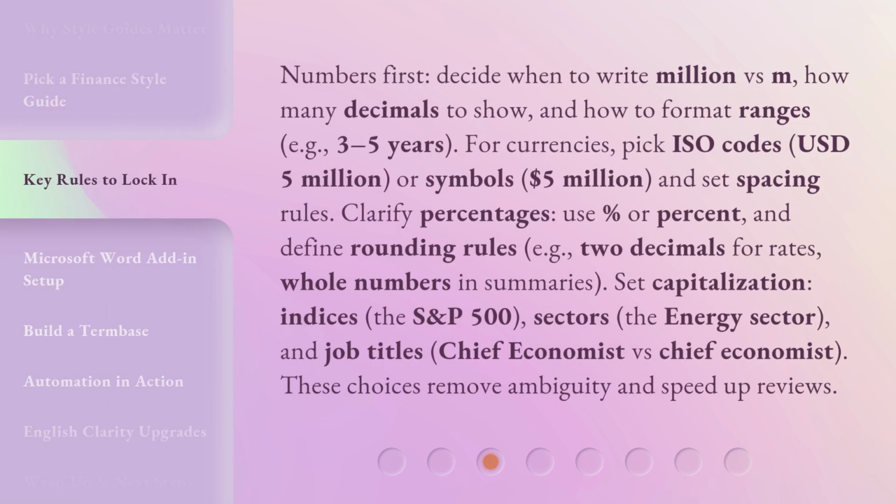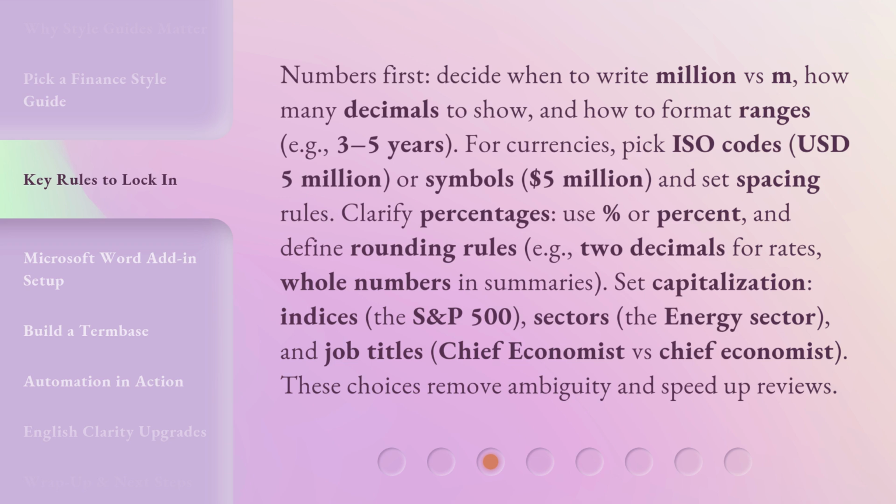Numbers first. Decide when to write million versus M, how many decimals to show, and how to format ranges, e.g., 3 to 5 years. For currencies, pick ISO codes, 5 million United States dollars, or symbols, $5 million, and set spacing rules. Clarify percentages.